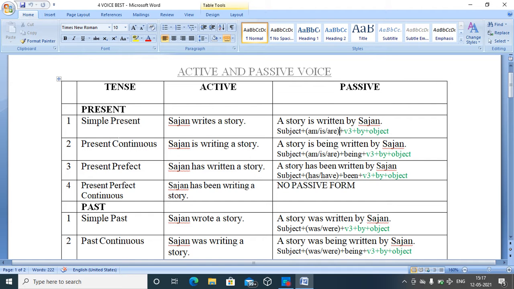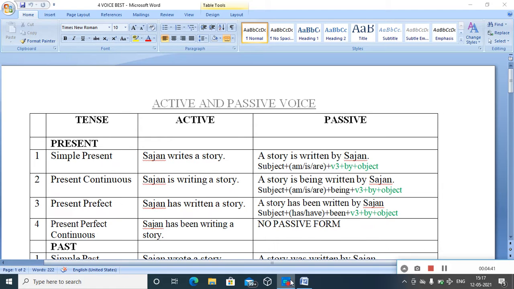Now let us go to the second tense, present continuous tense. Here you take the normal active statement. Sajan is writing a story. We know how to construct a simple active statement using the present continuous rule.